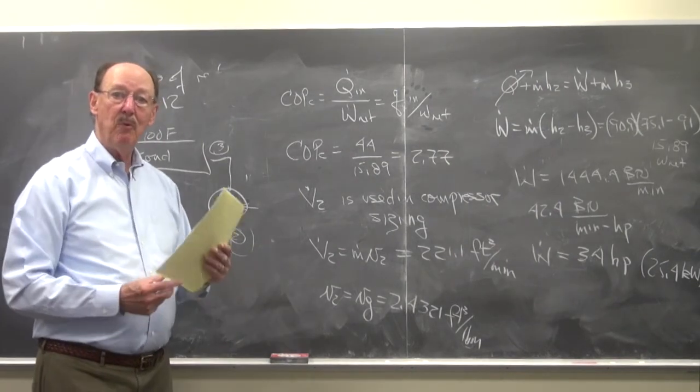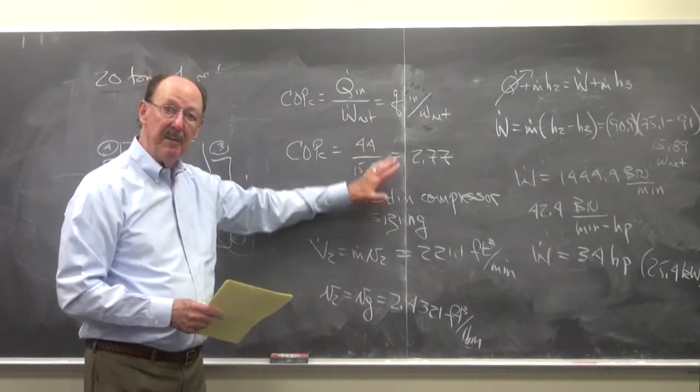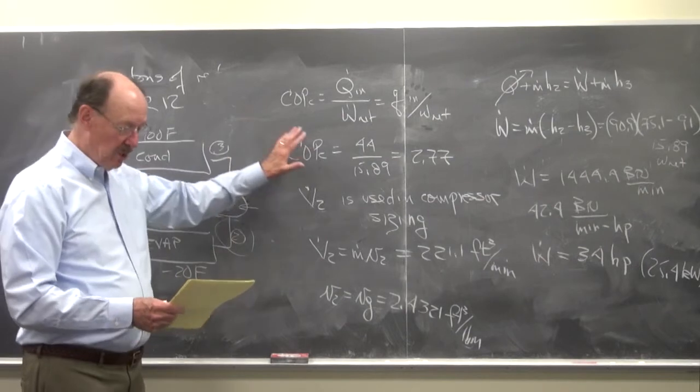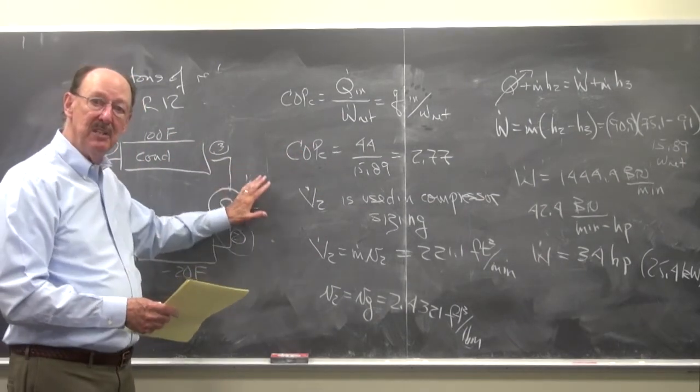And now what we want to do is transition to an actual cycle. So this is the ideal vapor compression cycle. And we saw what it looked like. We can take the same diagram, but we're going to change some parameters.